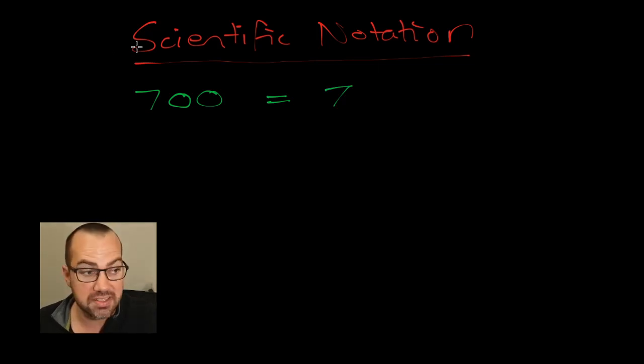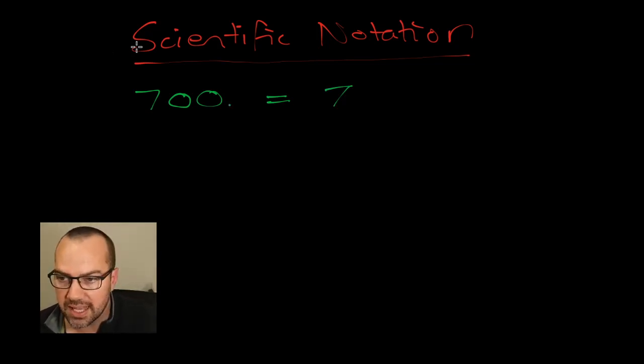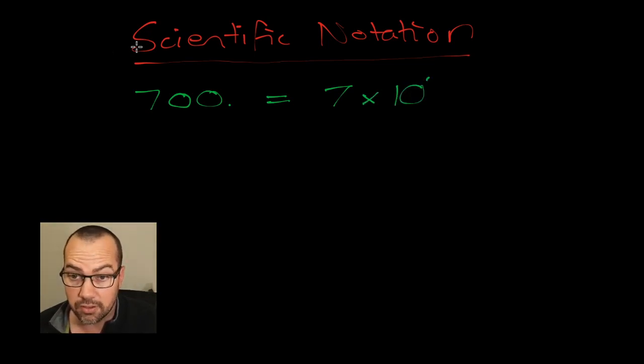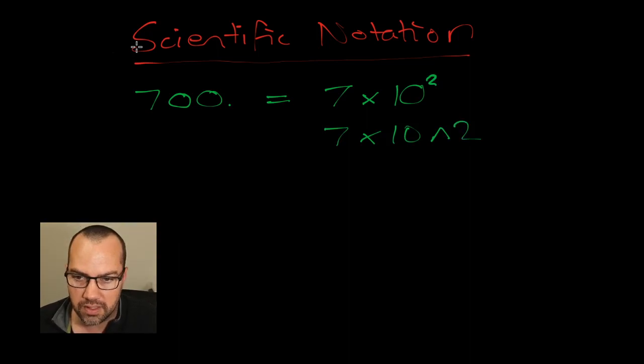And then we count the zeros, or we count the number of times that the decimal place has moved. In this case, it's 2. Then we'd say 700 is equal to 7 times 10 to the power of 2, to represent 2 zeros. You can also write it like this, 7 times 10 to the power 2. It means the same thing.